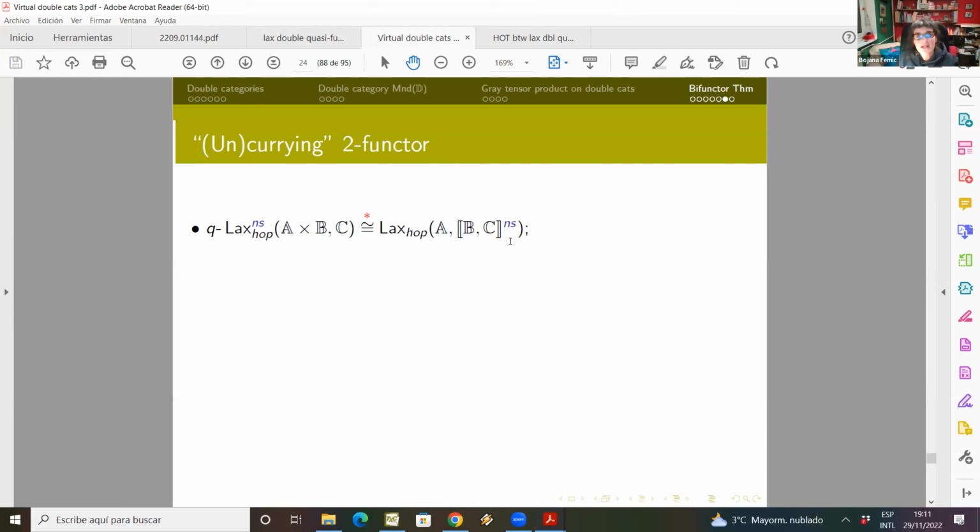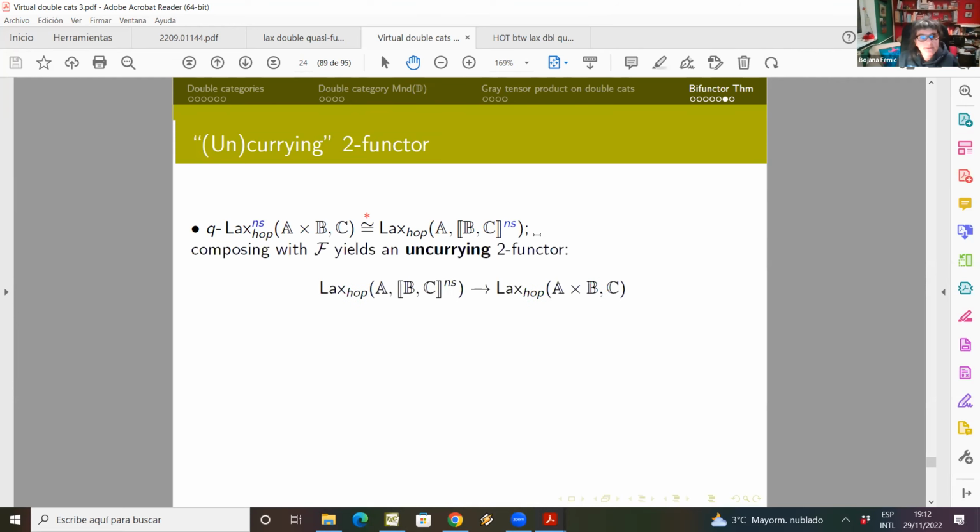And here NS, when we defined this inner double category, this inner hom, we had those also vertical transformations, and we need those UU to be also identity. Explain what it means on the right-hand side.